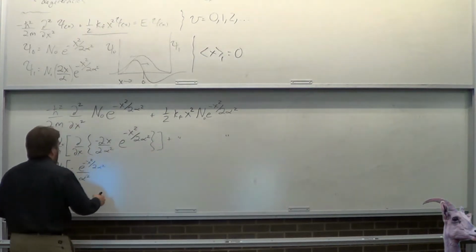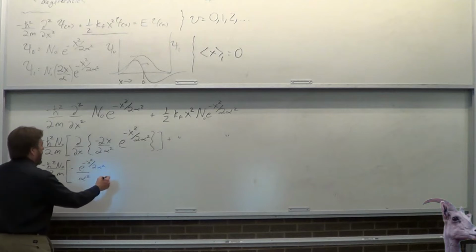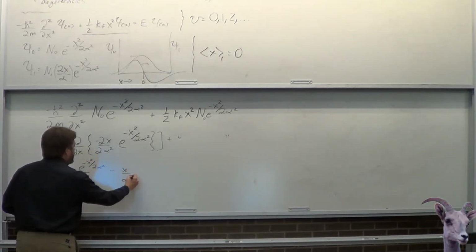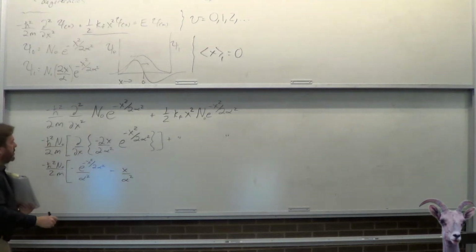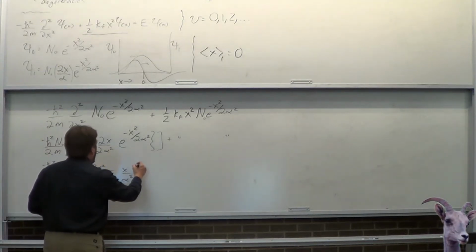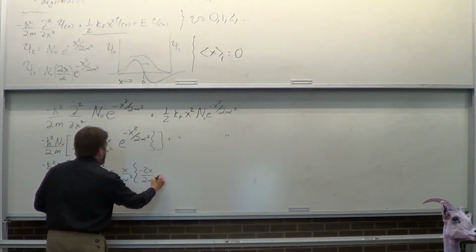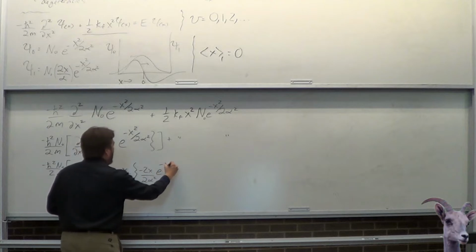So now I've got to do what? I've got to leave this part alone, then do the derivative of the other thing, but I already know how to do that. That's minus 2x over 2 alpha squared. The exponential always survives.